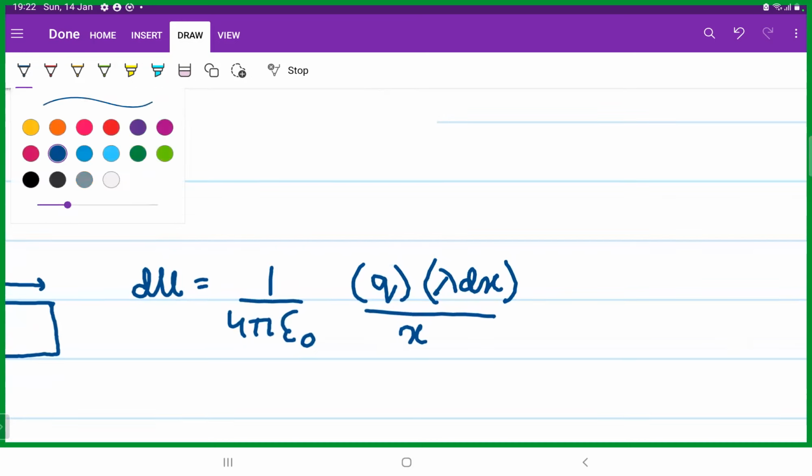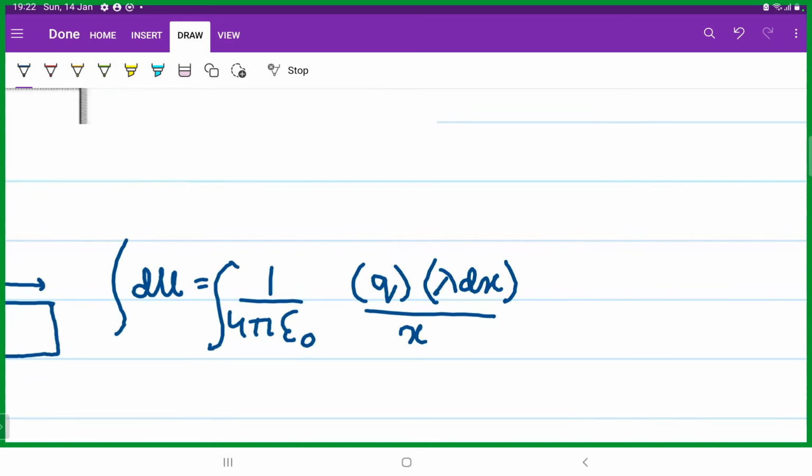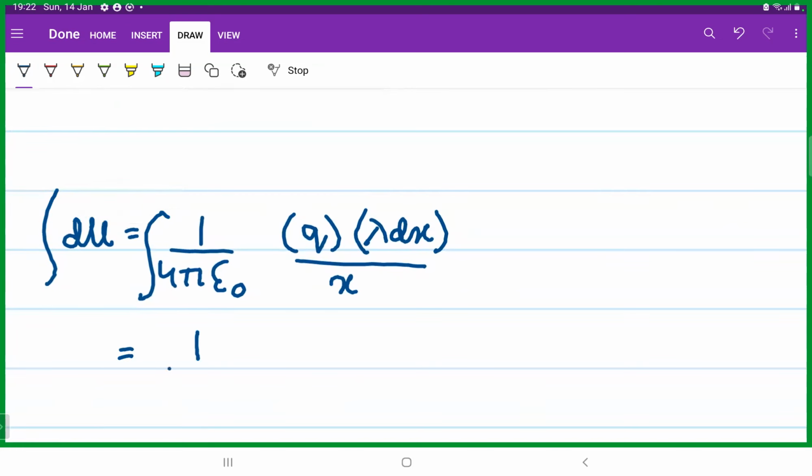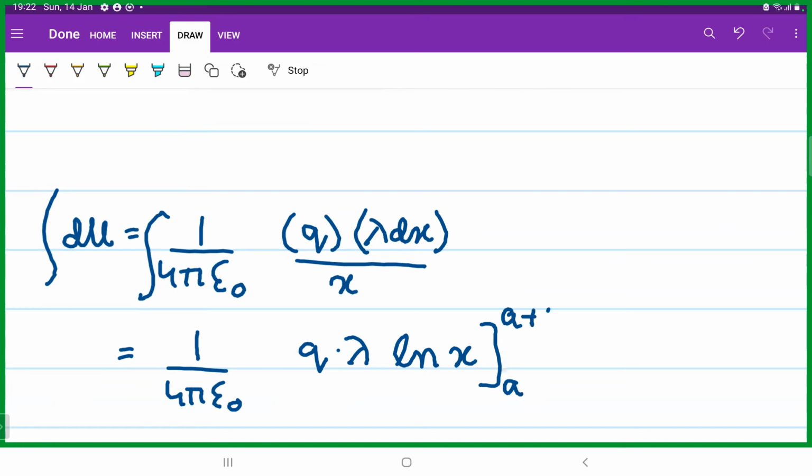Now we integrate this on both sides, and I will put the limits afterwards. So this is 1 by 4 pi epsilon naught into q lambda ln x, and the limits are from A to A plus L. Why?